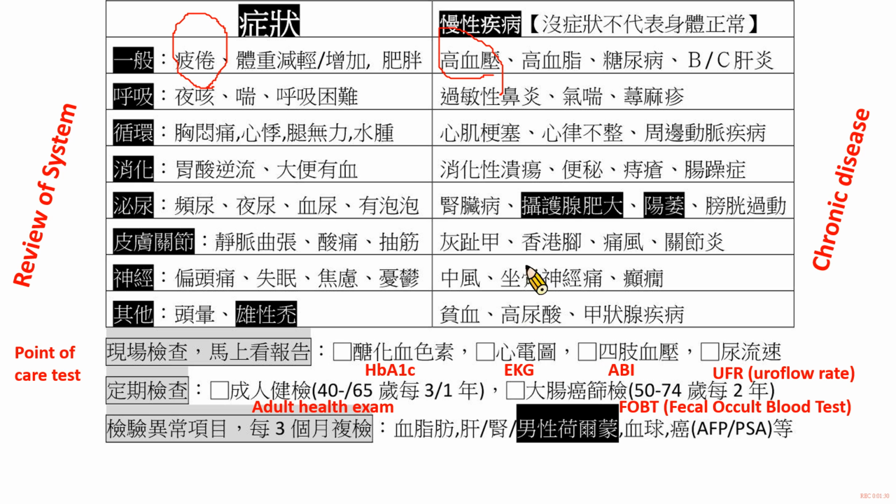If the patient has intermittent claudication or cold feet, then we can arrange an ABI test immediately. If the patient has symptoms of benign prostate hypertrophy, then we can check uroflow rate immediately.